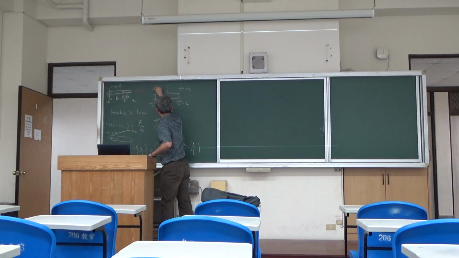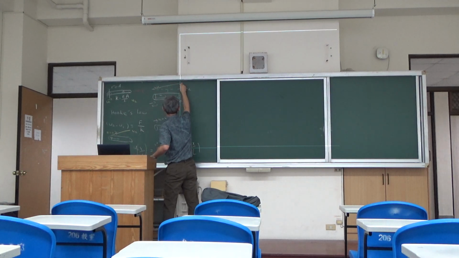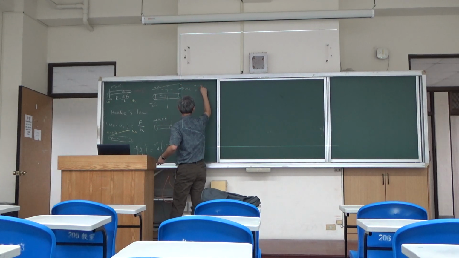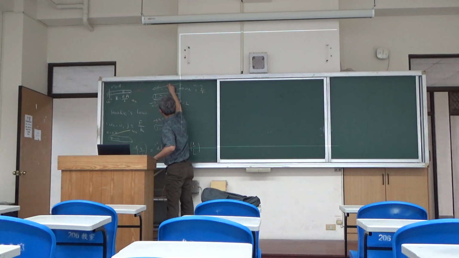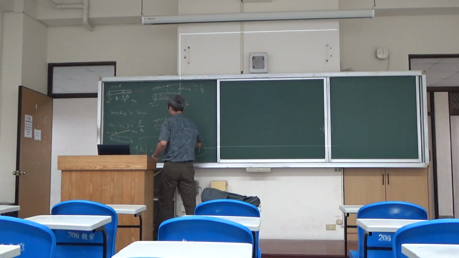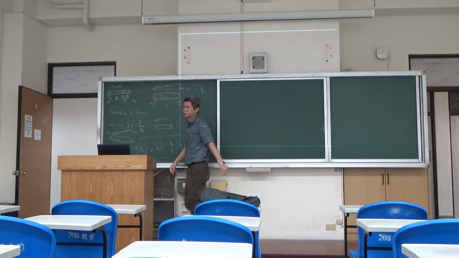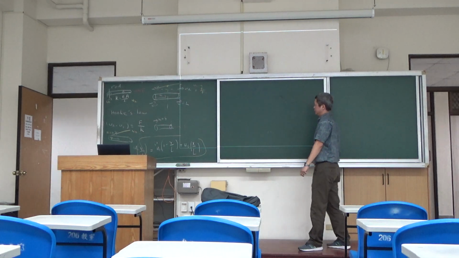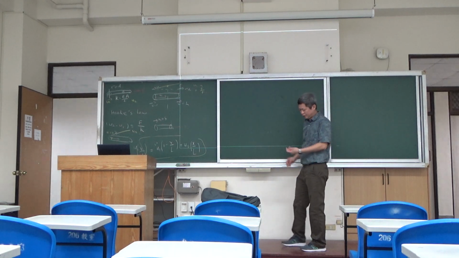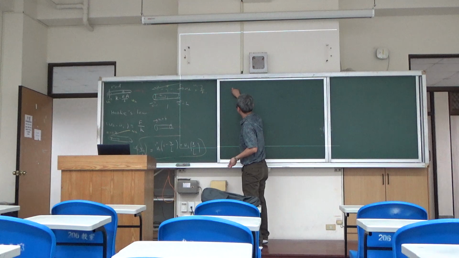Accordingly, we could have linear deformation. This difference, U2 minus U1, is equal to F over K. At any point here is to be obtained like this. So this is our idea about the rod.